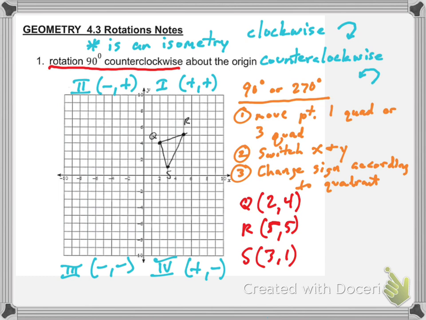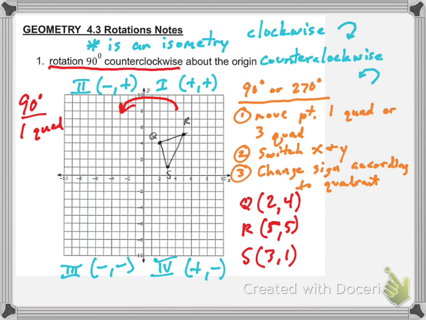Now 90 degrees is 1 quadrant. So that means this shape is going to go 1 quadrant this way. So we're going to wind up in quadrant 2. So that's step 1. Move the point 1 quadrant or 3, because 270 is the same rule as 90. So 90 and 270 have the same rules, but we're just doing 90.